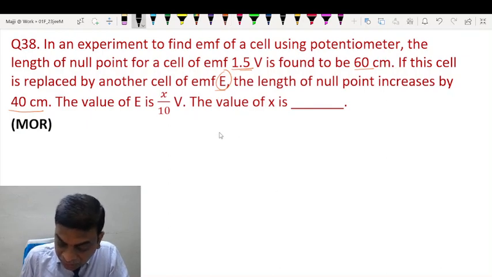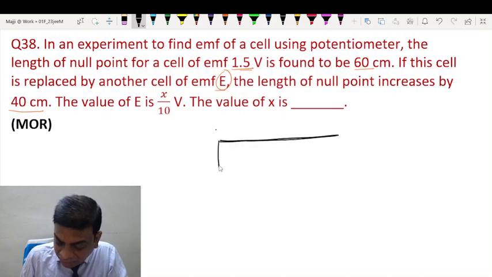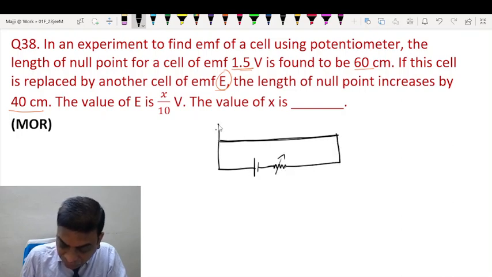Okay. So here I'll just quickly draw a diagram. This is a potentiometer wire, and this is the cell. Now the cell which is being balanced is this, and this is the balancing line.